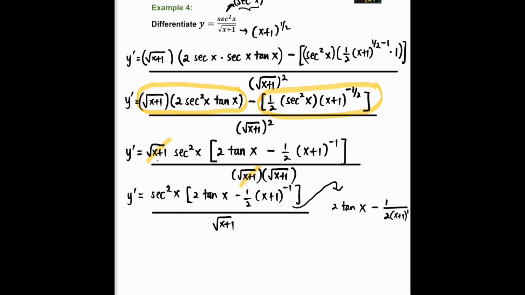And from here, we can rewrite this whole thing as a single fraction by doing this. So this denominator needs to be multiplied by this. So 2 times x plus 1 times 2 tangent x. Let's rewrite that: 2 times x plus 1 times 2 tangent x.